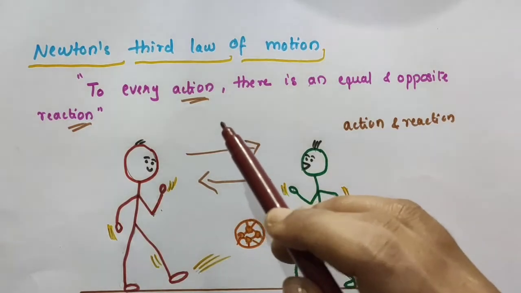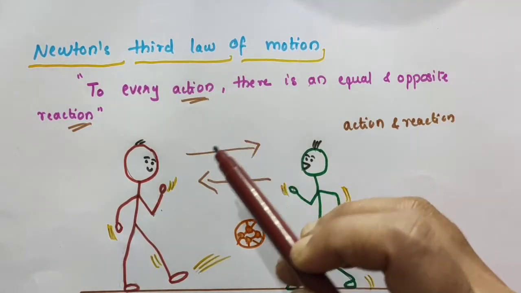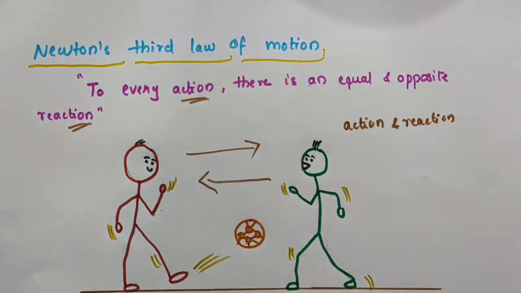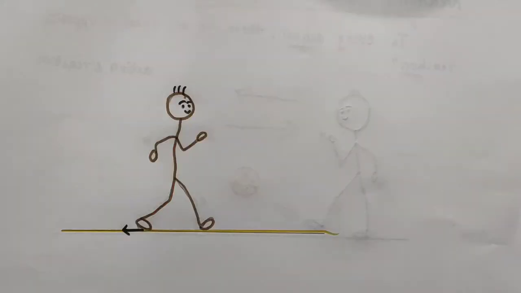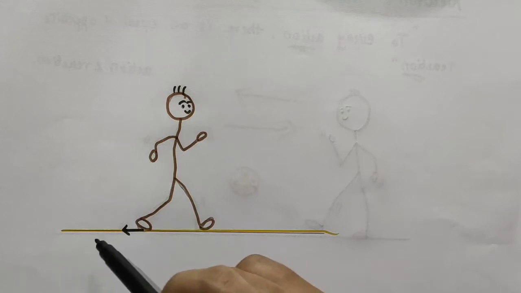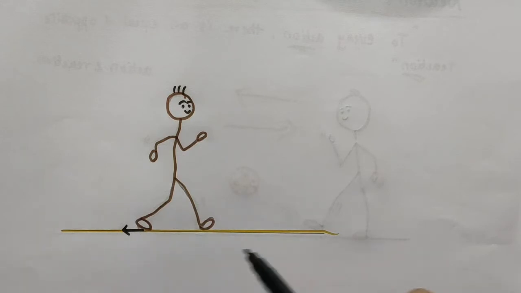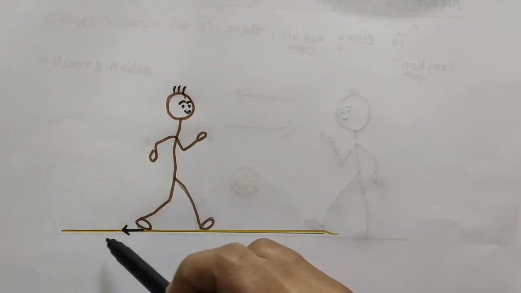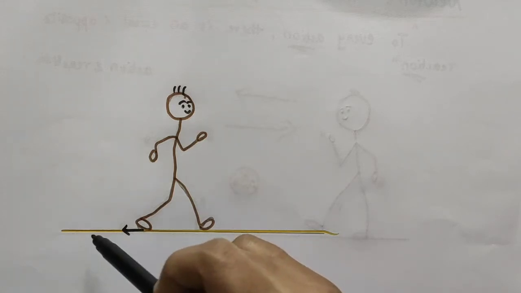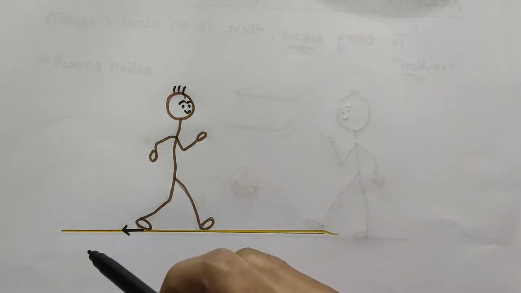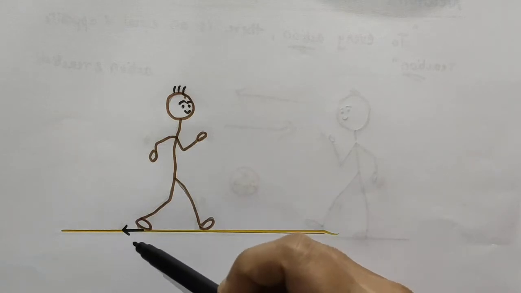Newton's third law of motion is very relevant in explaining how we walk. Whenever we walk, our foot exerts a force on the ground or the road. That is, we push the road backwards.